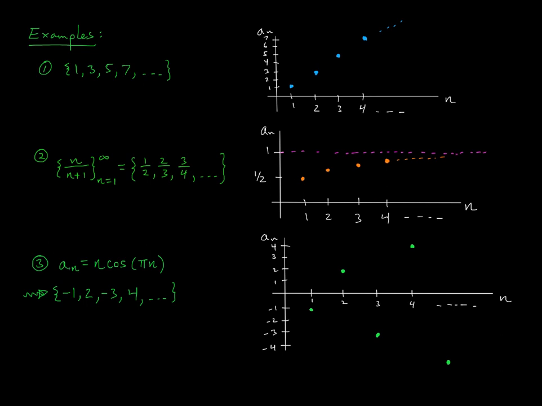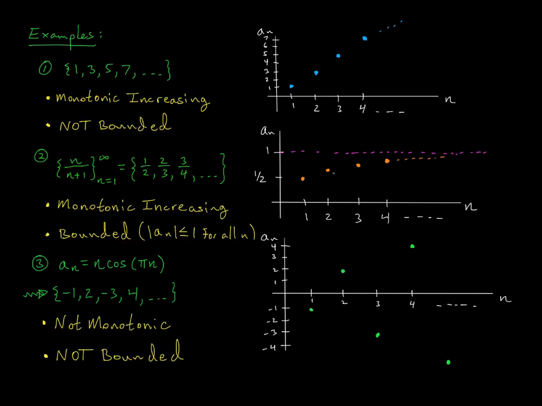And then the last sequence there was a sub n, which is n times the cosine of pi n, and that was negative 1, 2, negative 3, 4, so on and so forth. So there's that graph. So take a few moments, maybe pause the video, ask yourself, is the sequence monotonic and is it bounded? Okay, and here are the answers.